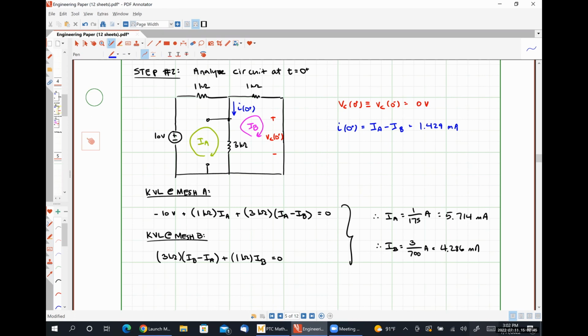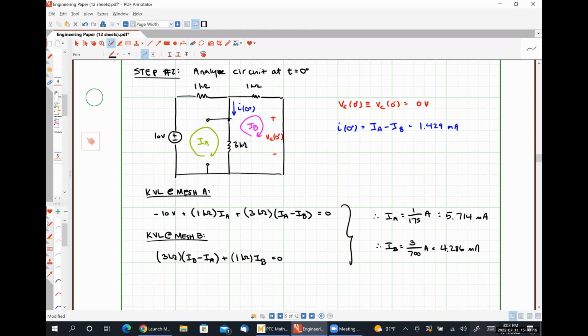All right, does anybody have any questions or comments regarding our analysis at t is equal to 0 plus? All right, so we're going to have a new step now.